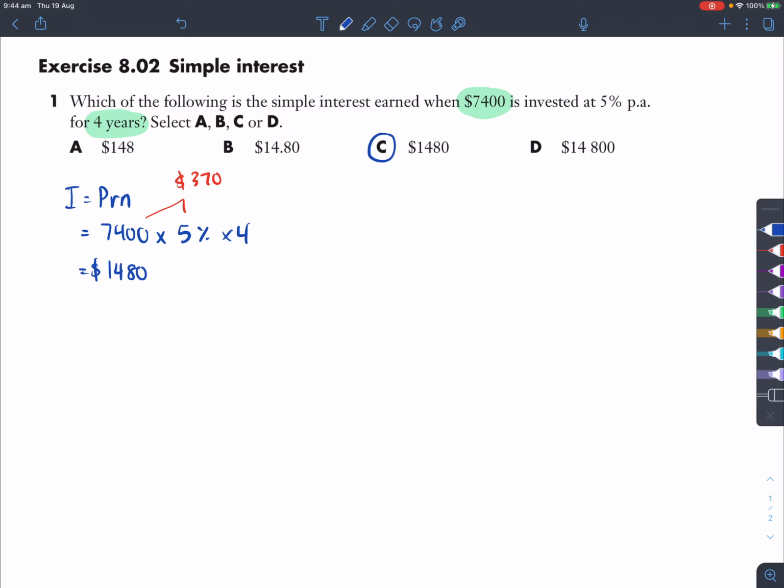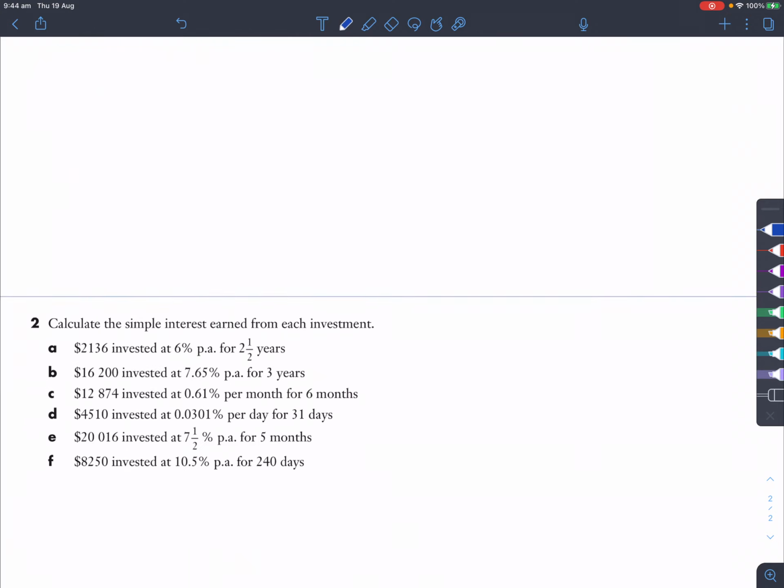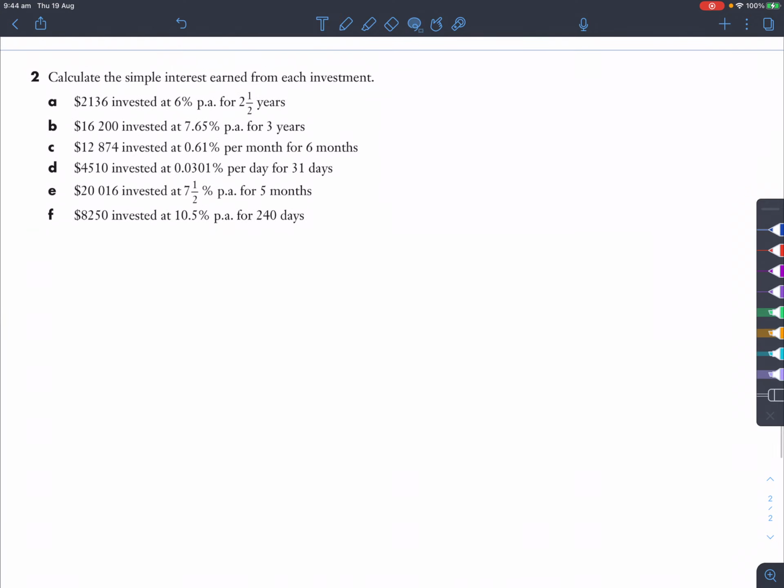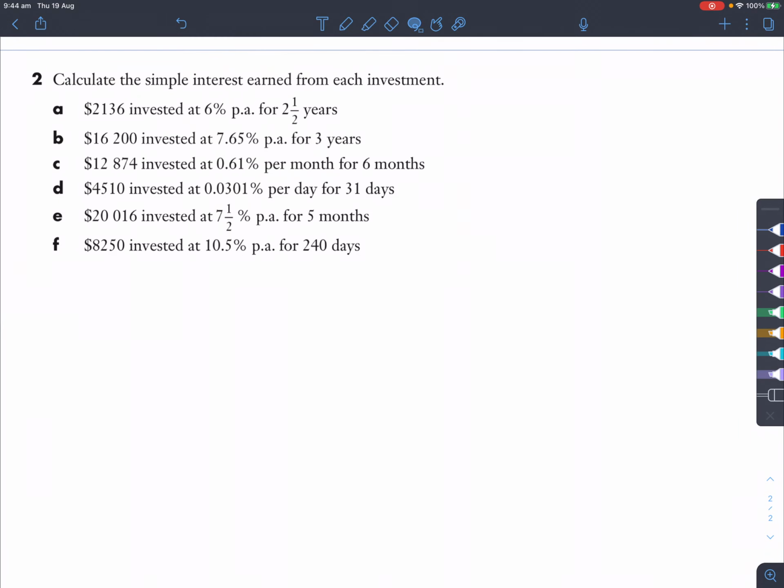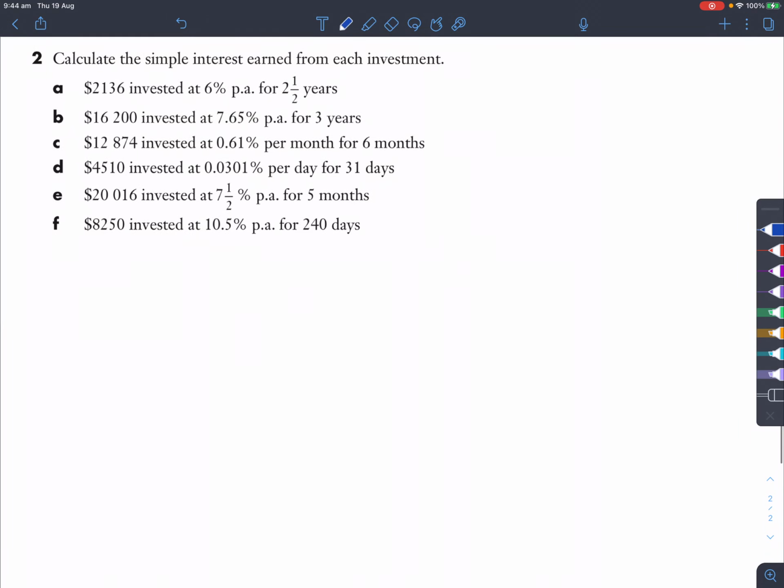Okay, let's move on to question 2. Calculate the simple interest earned from each investment. Part A, $2,136 invested at 6% for 2.5 years. By applying the formula I = PRN, we get 2,136, which is our principal, times the rate of 6% per annum, and 2.5 years is our N value.